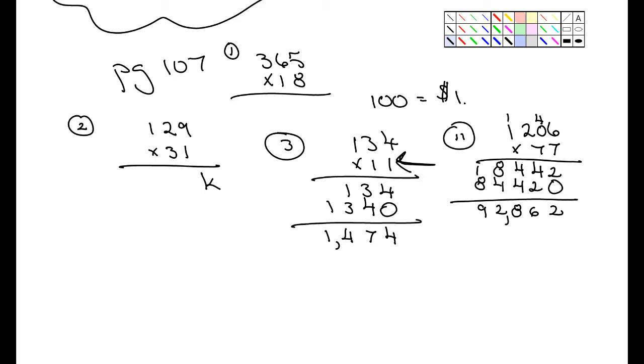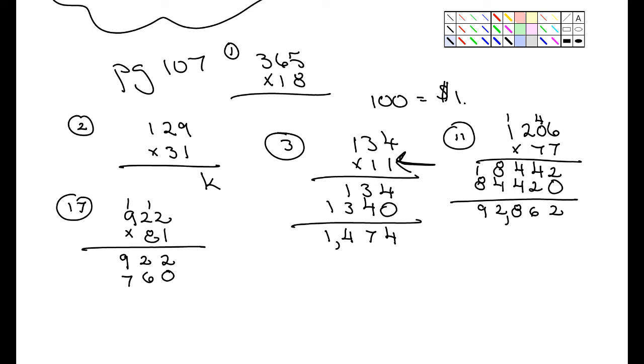17. 922 times 81, and this is number 17. So 2, 2, 9, placeholder. 8 times 2 is 16, put down the 6, carry the 1. 8 times 2 is 16, plus 1 is 17, put down the 7, carry the 1.